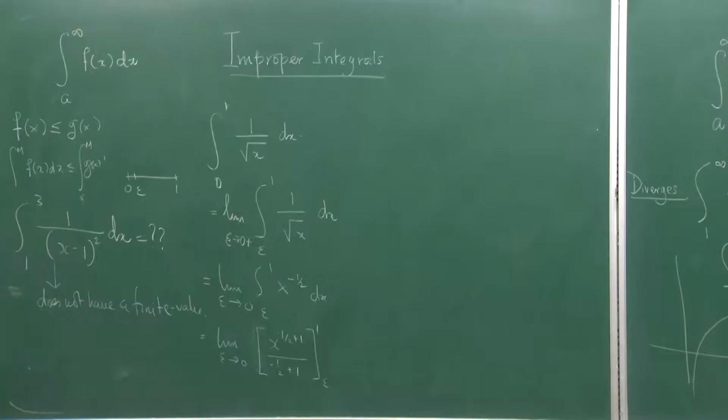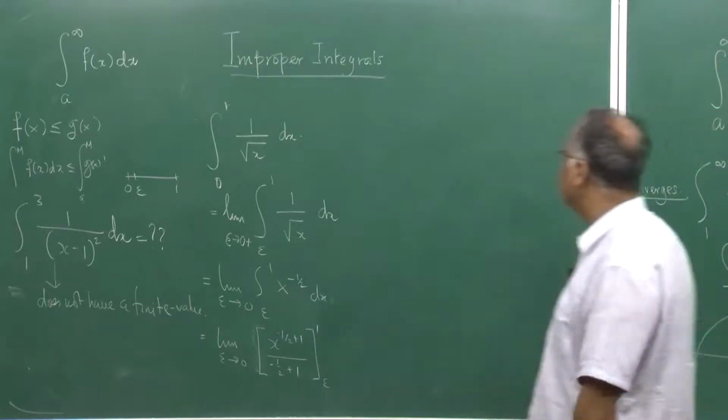This is not the situation where we need to discuss them. So, sometimes the limit can be on the opposite side, for example, where there is a problem at the upper end, not at the lower end. Now, what about this integral?